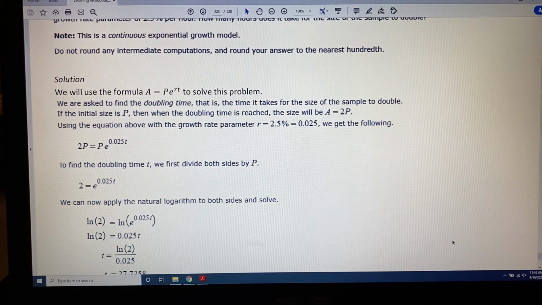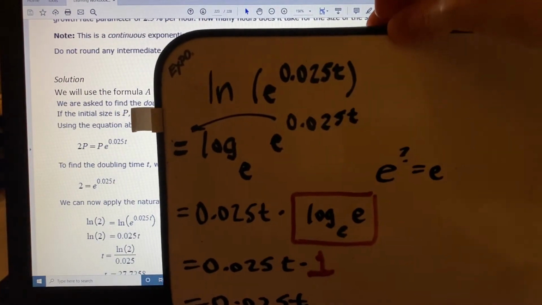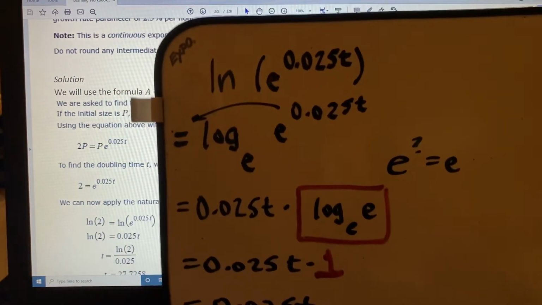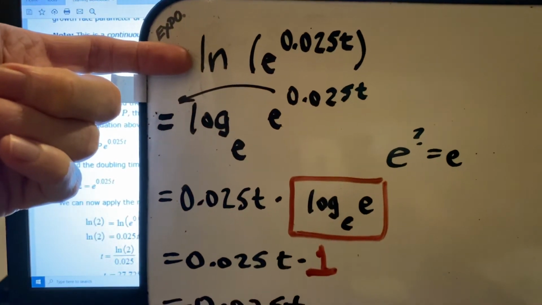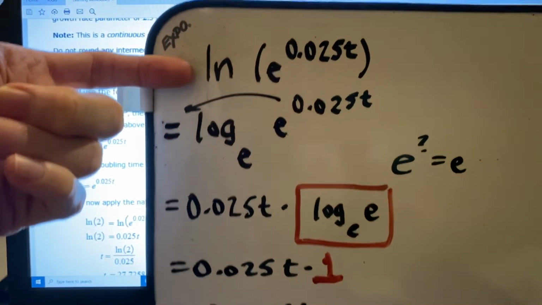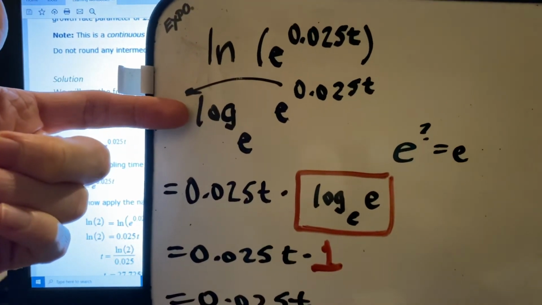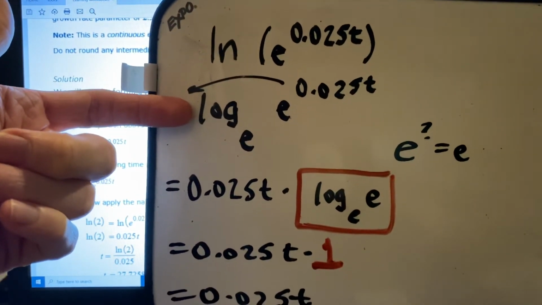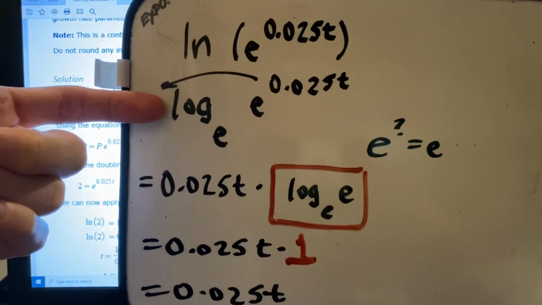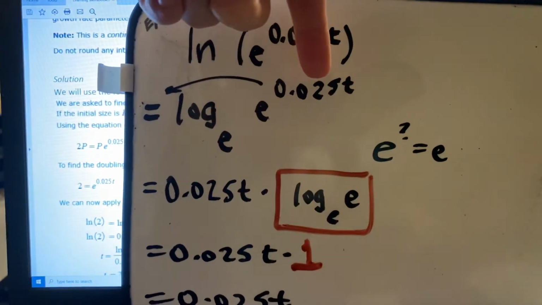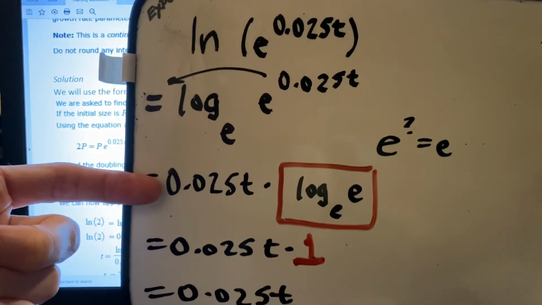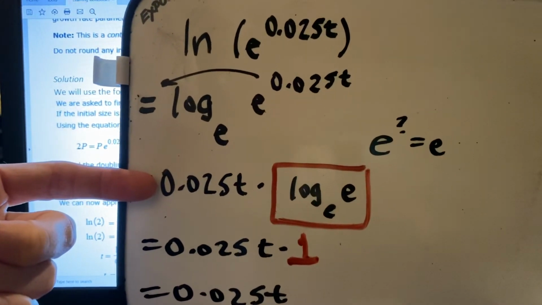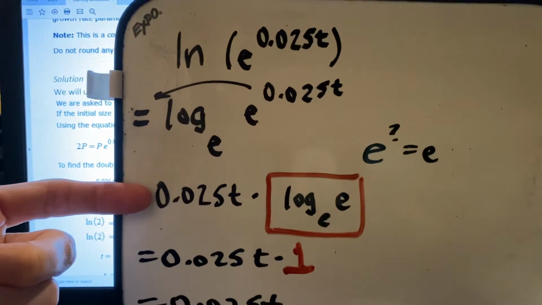That may not be obvious as to why that's true, so let me show the work. We're starting here at the top, natural log of e to the 0.025t. Remember, natural log is the same as log base e, so that's the same as log base e of e to the 0.025t. The argument of my log has an exponent, so I use the property that allows me to move it to the front, so then I have 0.025t times log base e of e.